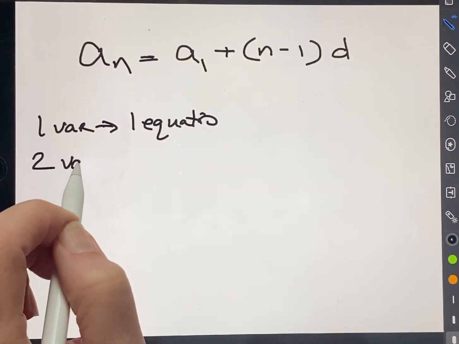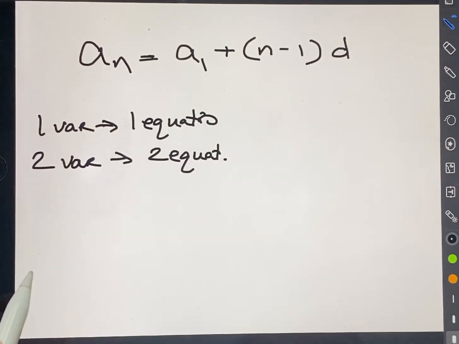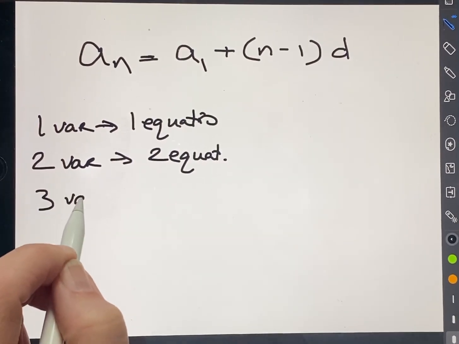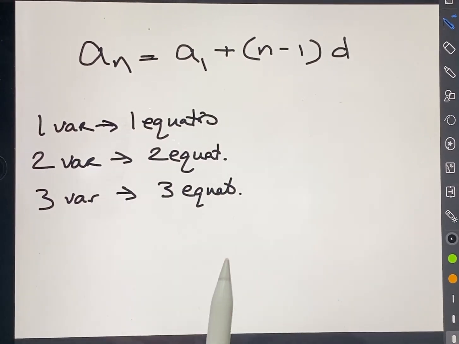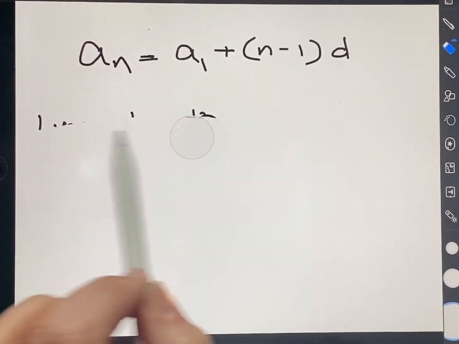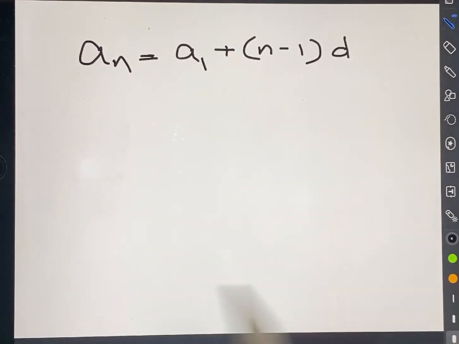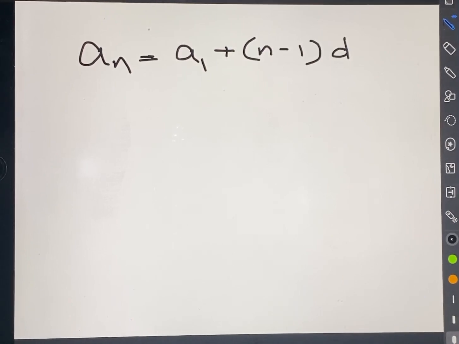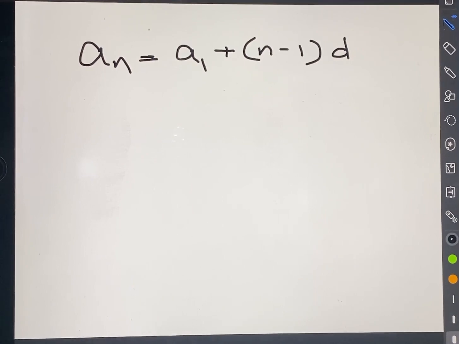If we have 2 variables, we need 2 equations to be able to solve them. If we had 3 variables, we would need 3 equations to be able to solve. So we're getting to go back and use all of our toolbox information that we have previously learned to be able to find different parts of these sequences.